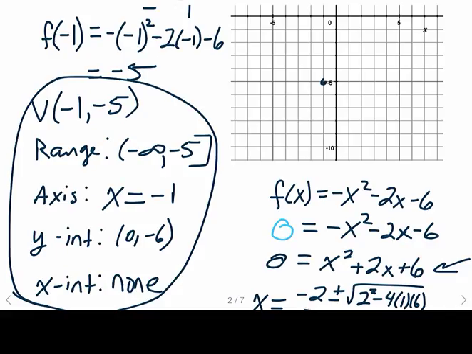And then the y-intercept is 0, negative 6. And due to what we know about the axis of symmetry, we know that we also have a point at negative 2, negative 6. And this is probably good enough to sketch the graph of our parabola. Notice again, this particular parabola has a maximum value of negative 5, and that indicates what our range would be.